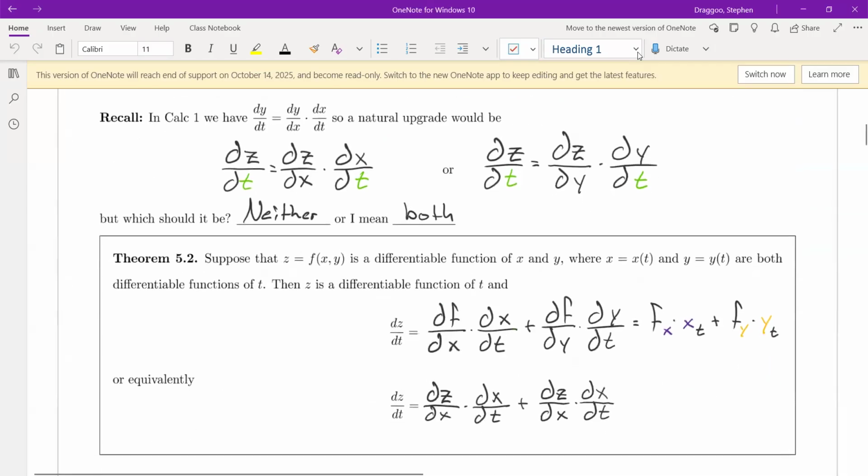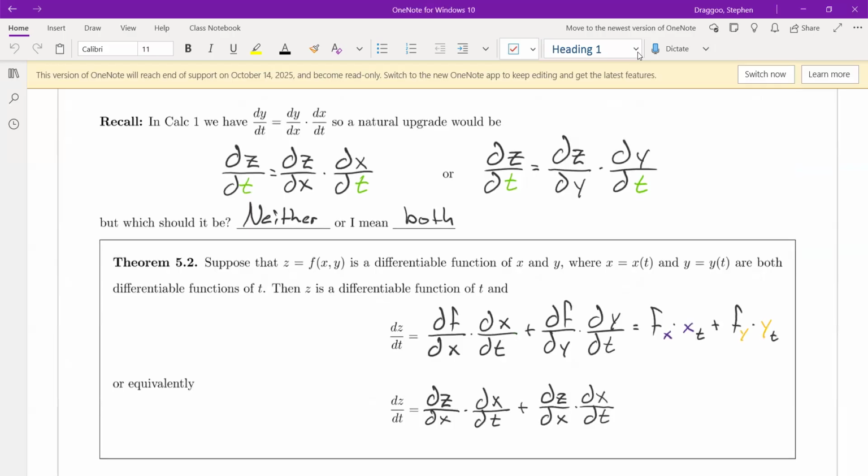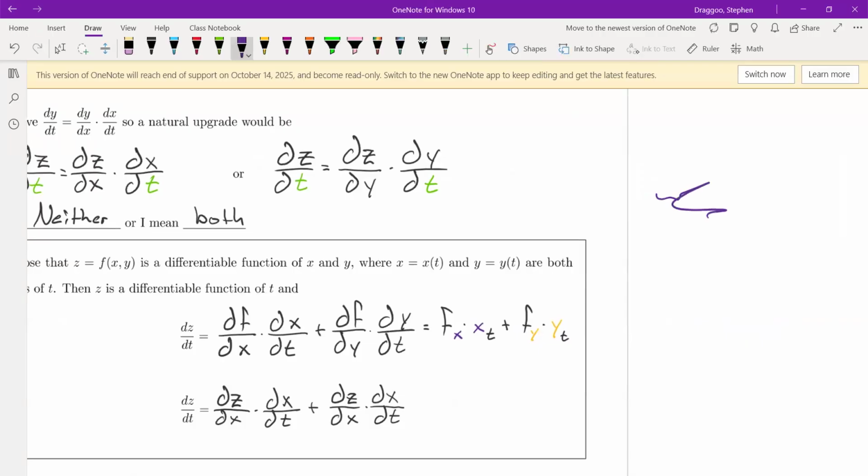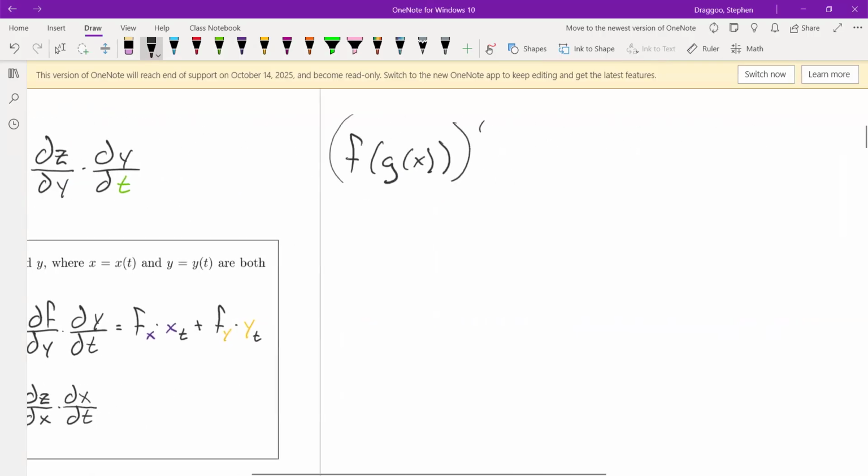So the regular old chain rule, y prime is equal to, well, let me back that up. dy/dt would be dy/dx times dx/dt, but really, maybe another way we would have written that out from Calc 1 would be to say that this is like f of g of x. And I want to take the derivative of that whole thing. That's just f prime of g of x times g prime of x.